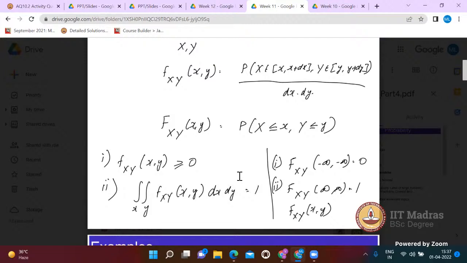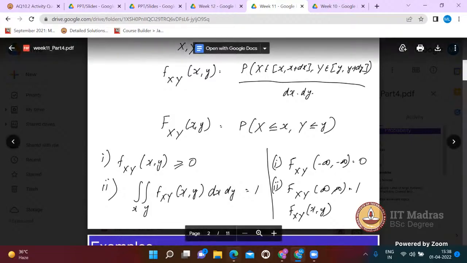You have to calculate over all the values of y, because that is a marginal for x. That is the one thing. And if you have been asked to calculate the marginal for y equals 2, that means what? Whenever we write the marginal, I'll just write it here.